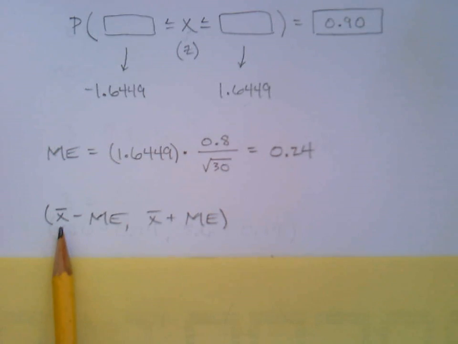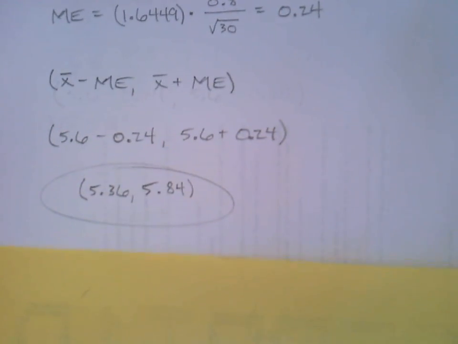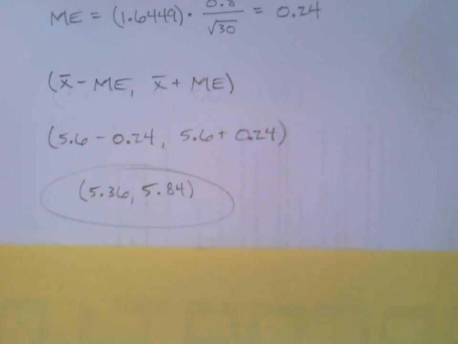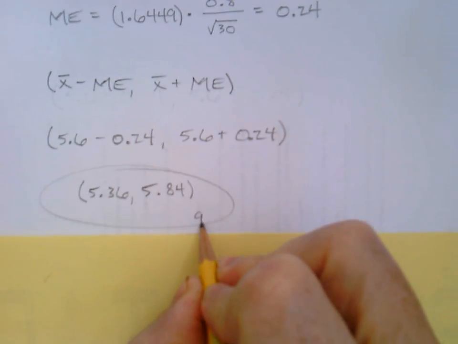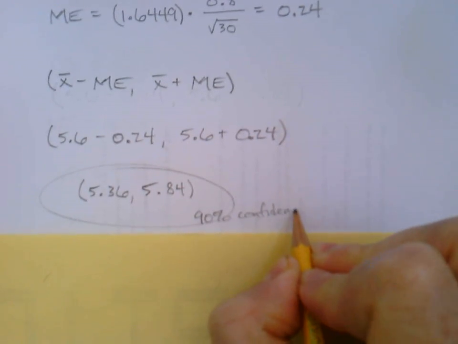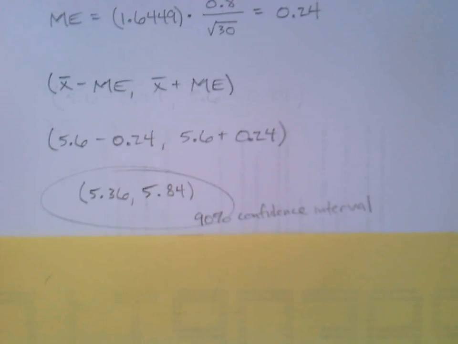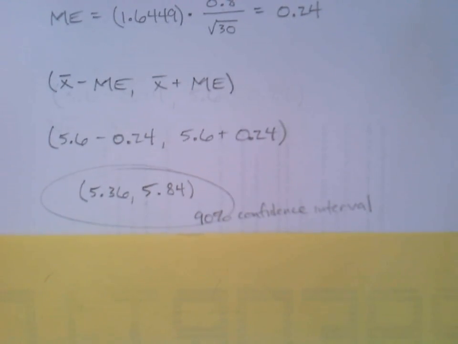So we found the point estimate was 5.6, and now we've got our margin of error. So if we add on the upper side, subtract on the lower side, here's our final answer to number 2, part B. The 90% confidence interval is 5.36, 5.84.